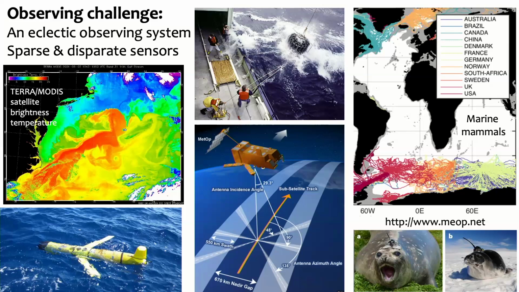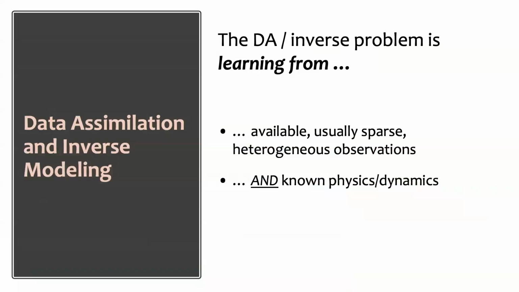So we have these sparse and heterogeneous observations. That's one of the knowledge reservoirs, and we really think that we still need to rely on known physics and dynamics of the ocean in a process called data assimilation.